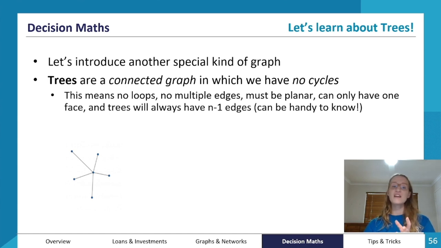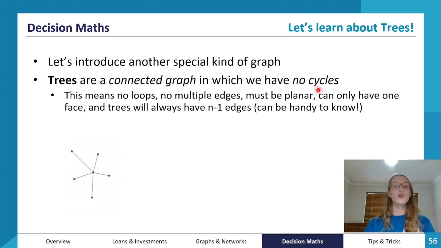So I feel like trees kind of look like spiky scarecrows or skeletons. Or you can almost think of it like a tree without its leaves. It's the bare minimum, simplest graph where every vertex is connected, because trees must be a connected graph.